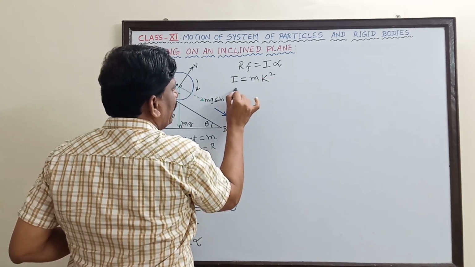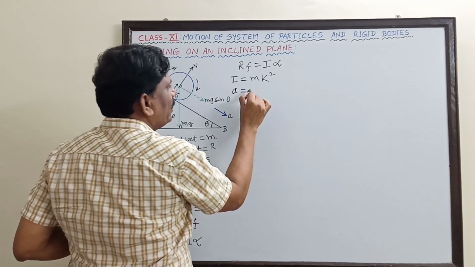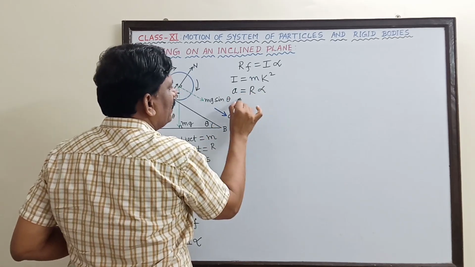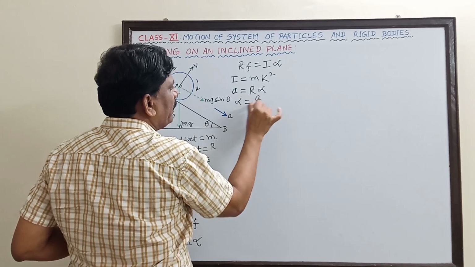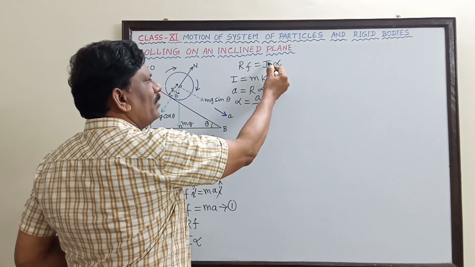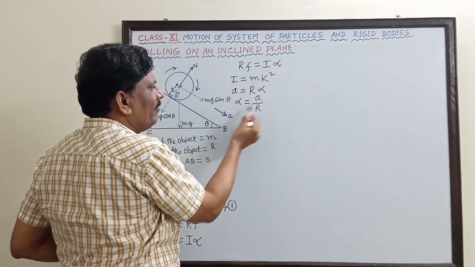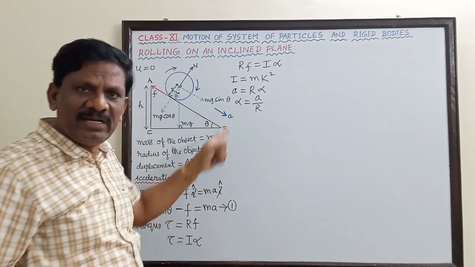Also a is the linear acceleration. So this is equal to radius times alpha, or alpha is equal to a by r. So I am going to substitute for moment of inertia I equal to mk square and angular acceleration alpha equal to linear acceleration by radius.